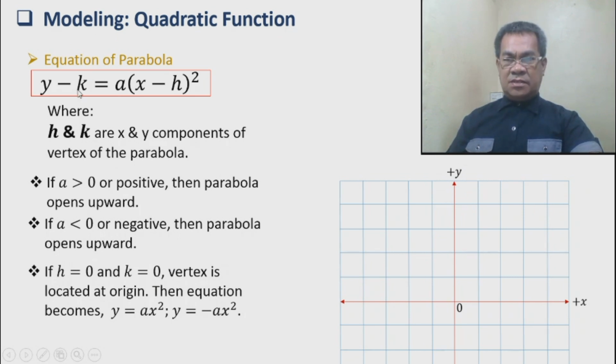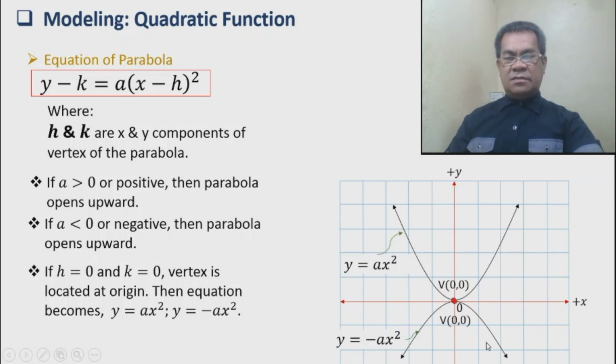If you substitute, you go back to our previous slide, where the vertex rests at the origin. So you end up with y is equal to ax squared, or y is equal to negative ax squared. It can be open upward for positive a, or open downward. Take note, this is the equation of the parabola we used in our previous slide.